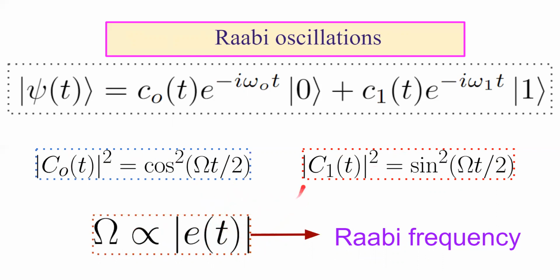And this is the case when we have no detuning, that is the frequency of the incoming microwave pulse matches with the frequency gap of ket0 and ket1. That is when we have this perfect oscillations, and that is called Rabi oscillations, and that frequency is called Rabi frequency.